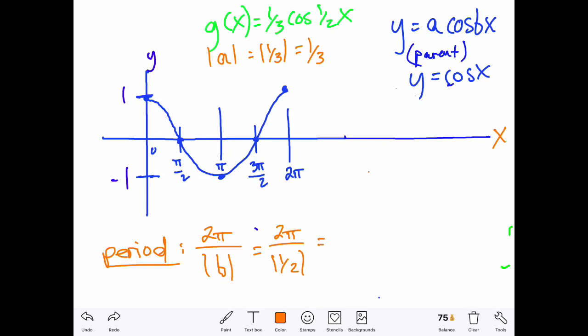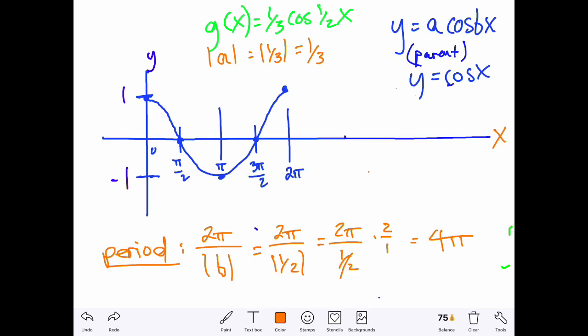Okay, how do I deal with a fraction, say 2 pi over 1/2? Well, I need to flip it and multiply, don't I? Cancel. And that would be 4 pi. So notice my period on this function, instead of being 2 pi, is going to be 4 pi.